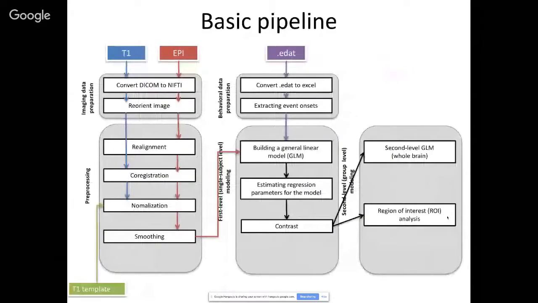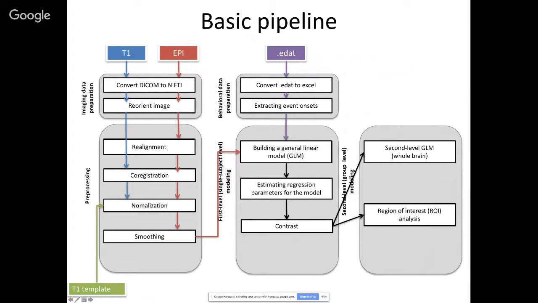Right. So after we know our images, we'll briefly introduce the data analysis pipeline. Here we have 2 kinds of images introduced, T1 and EPI. This side is the imaging data preparation, and then we prepare the data first, and then we do the pre-processing. Also we have .edat, which is the behavioral data from E-Prime.